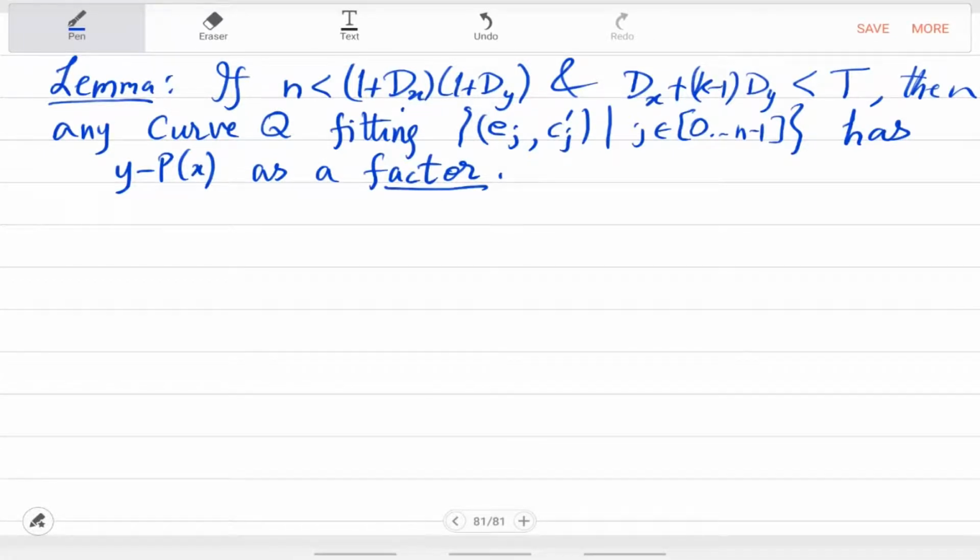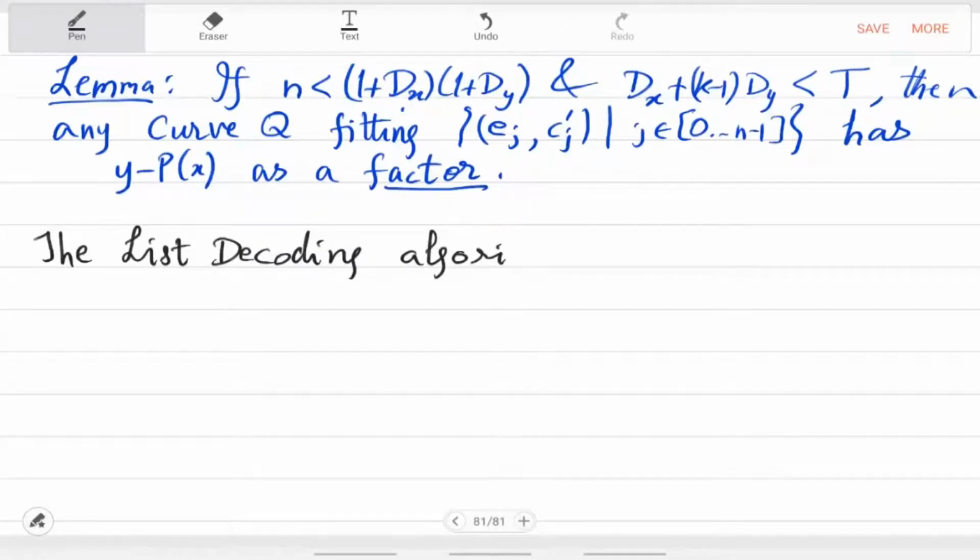So the list decoding algorithm, let's see, with some parameters fixed. You can see that you want the product large and the sum small. So why not take them to be around square root of n? That is why we'll fix something close to square root.